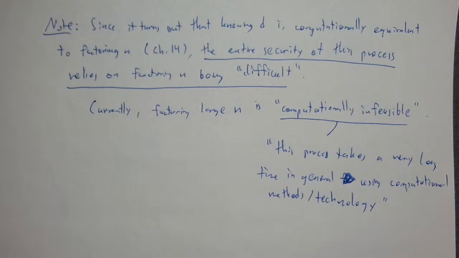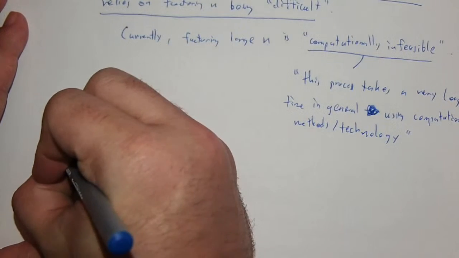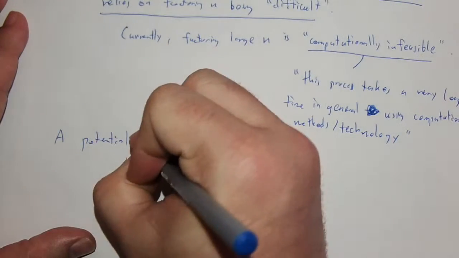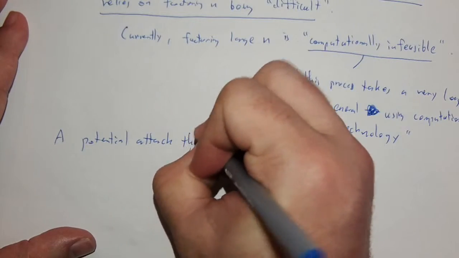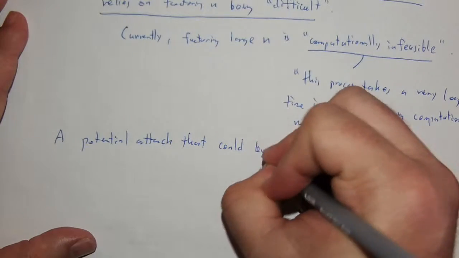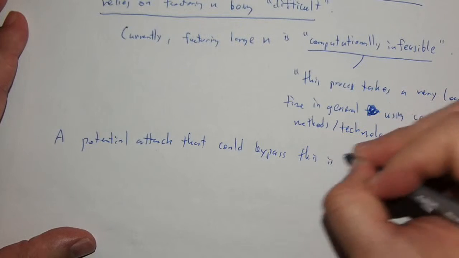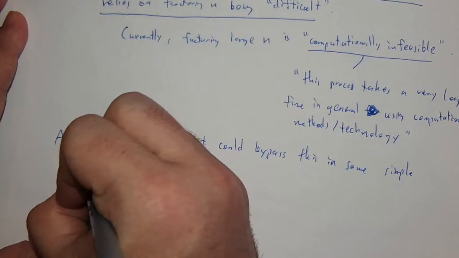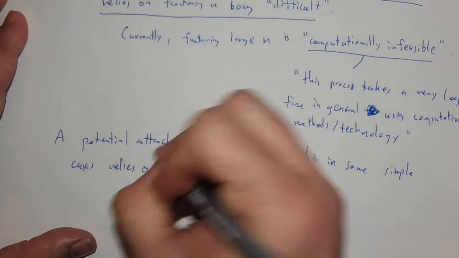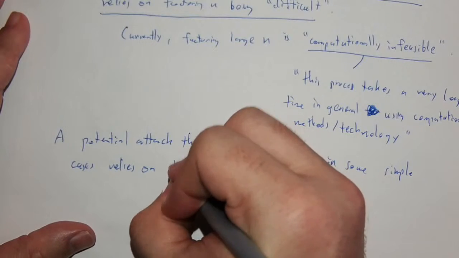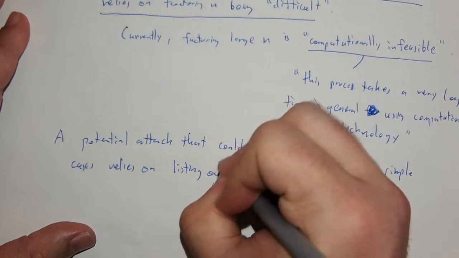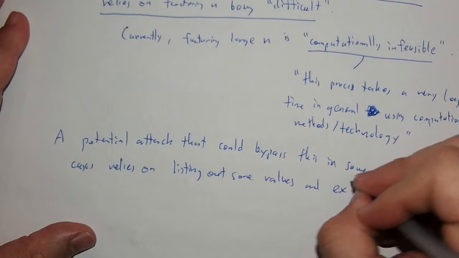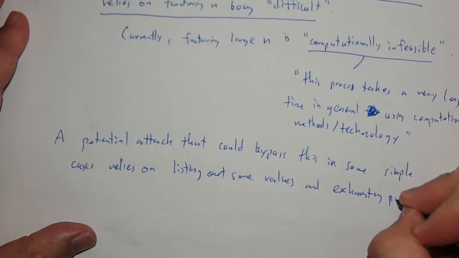Okay, so a potential attack that could bypass this in some simple cases relies on listing out some values and exhausting possibilities.